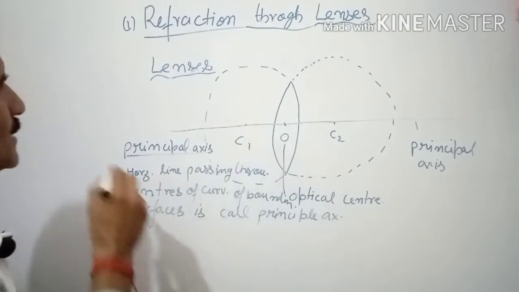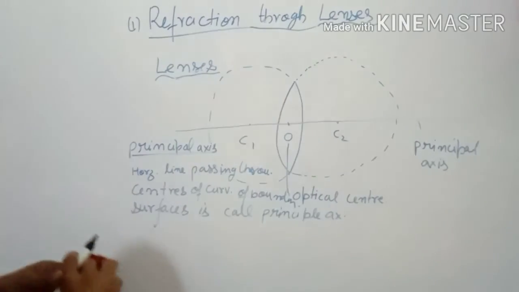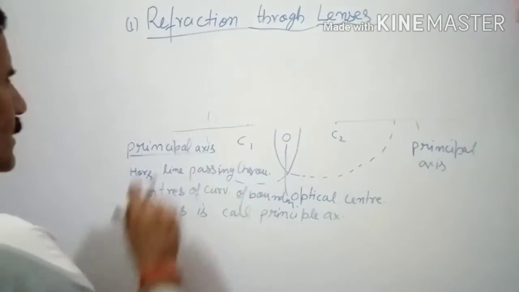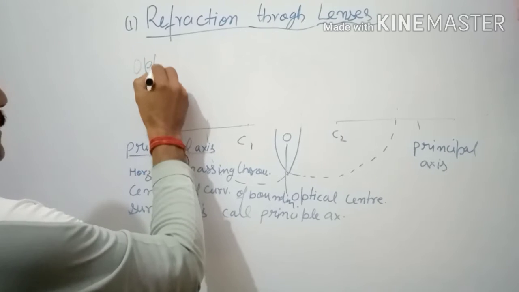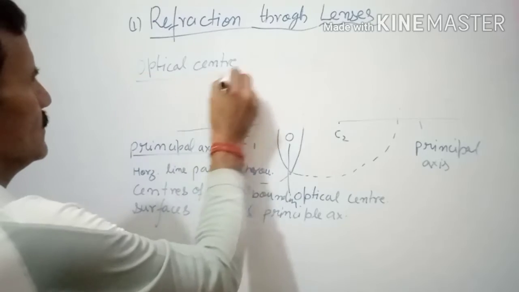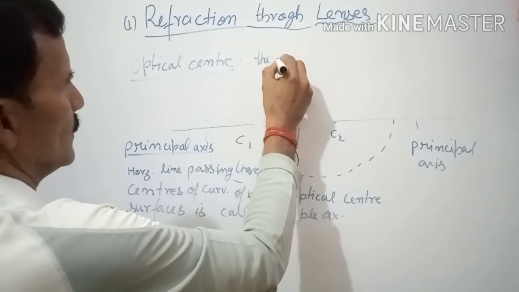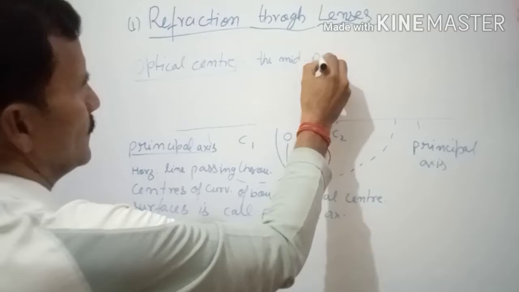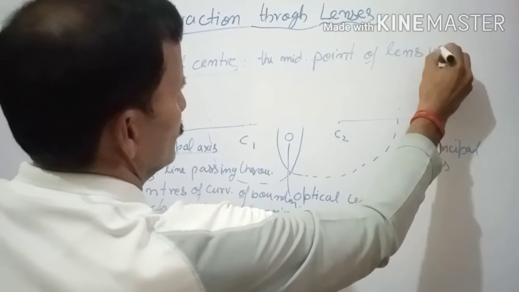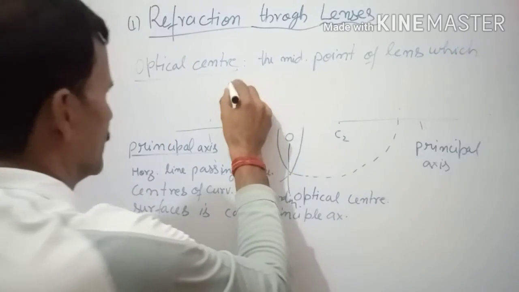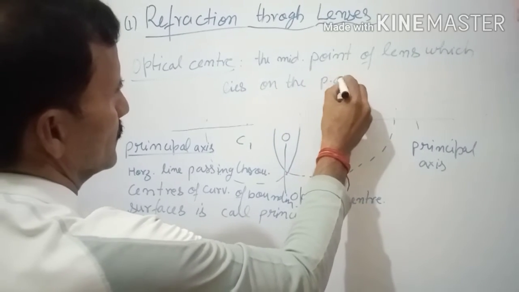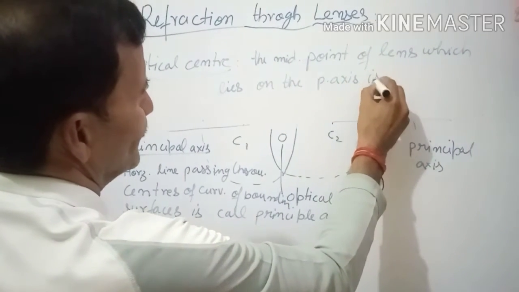And optical center, although you get it in the middle on the principal axis, it is the middle point. What can be the optical center? The optical center is the middle point of the lens which lies on the principal axis.